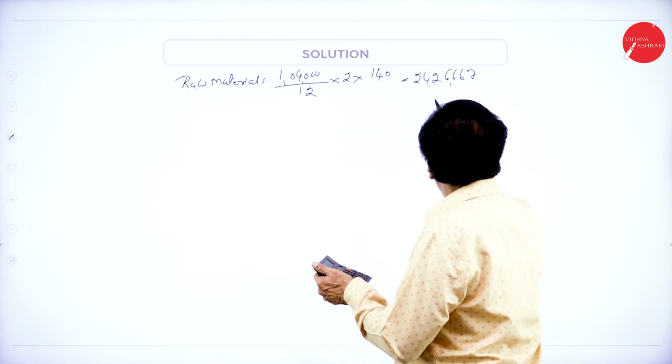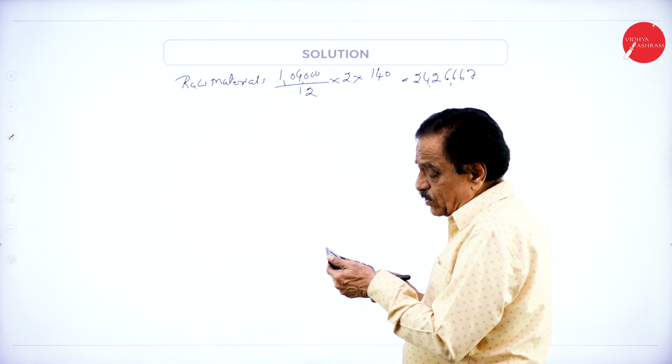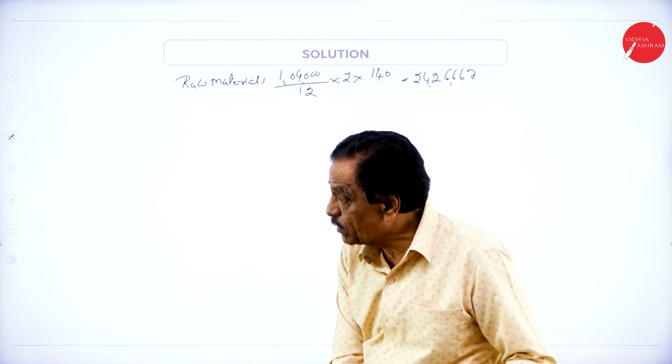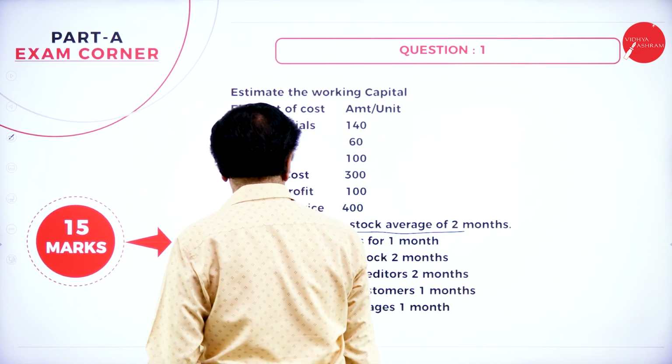So 24 lakh 26,667. This goes in favor of raw material.